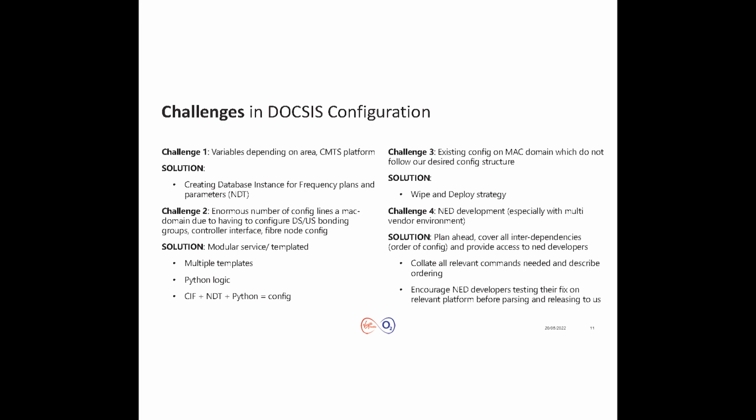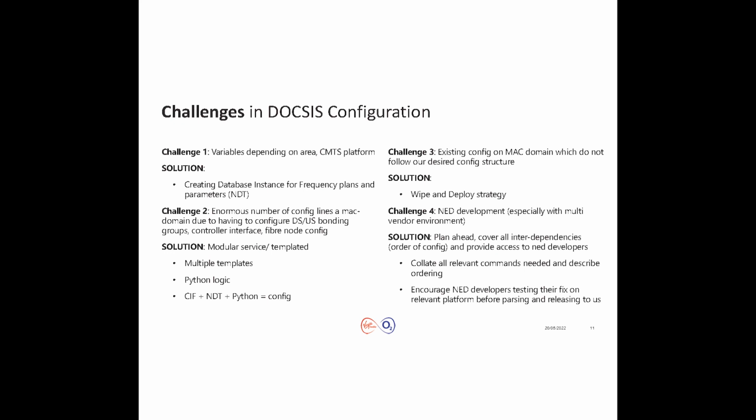So provisioning the DOCSIS service, automating the DOCSIS, wasn't always plain sailing. We came across some challenges, and what I've put on the screen are a few that I wanted to share with you. The first challenge was the fact that we had variables and parameters that depended on the areas where the CMTS were, and also parameters that were dependent on the CMTS platform itself.